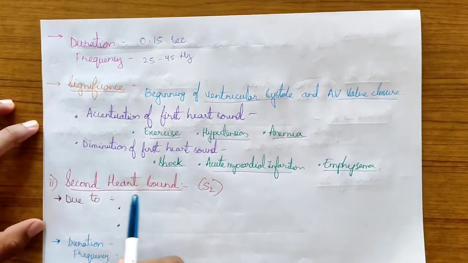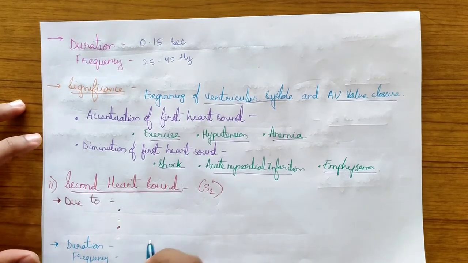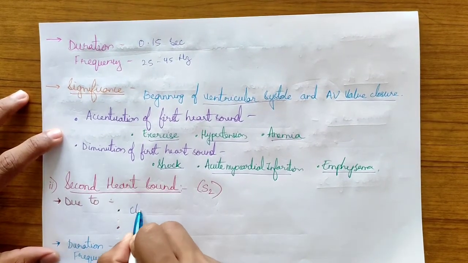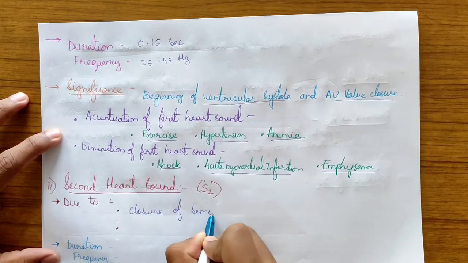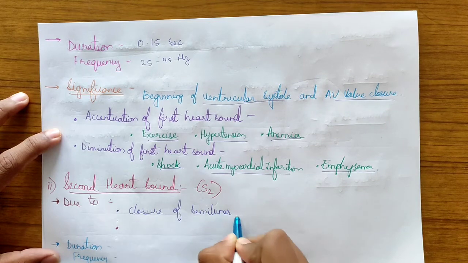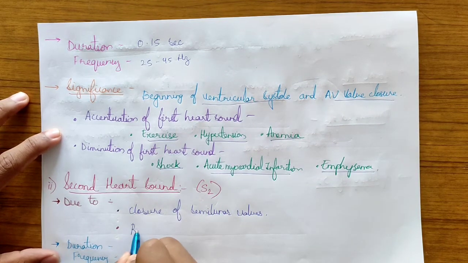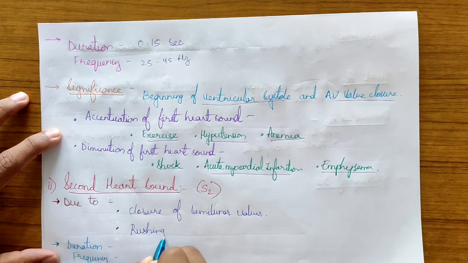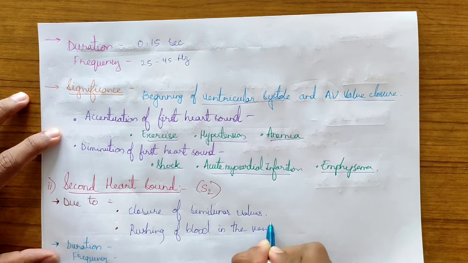So the next one is the second heart sound. It is also called the S2. It is due to the closure of semilunar valves. Also, rushing of blood in the ventricles contributes to this.